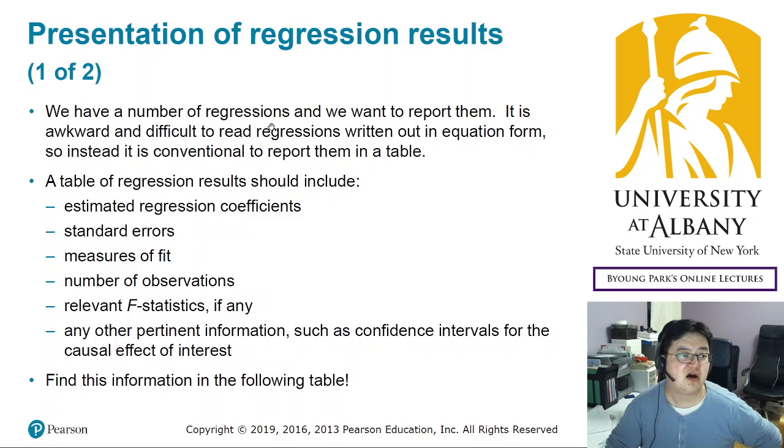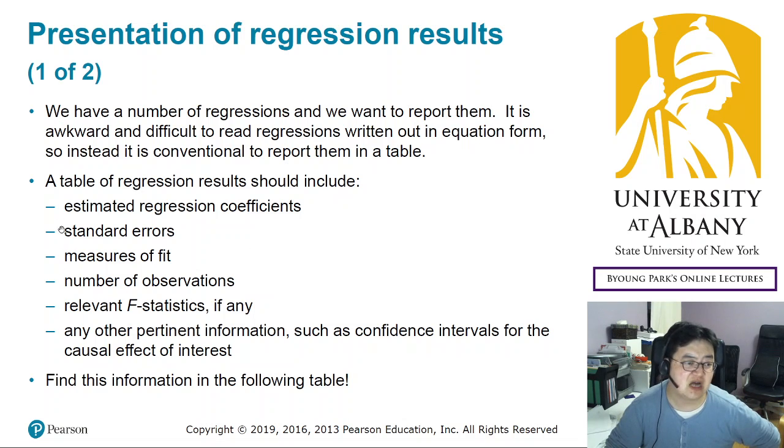And finally, this is about presenting regression results. I explained how to report the results in a table in a previous homework guideline. A table of regression results should include estimated coefficients, standard errors, measures of fit like R-squared or SER, the standard error of the regression, and the number of observations.